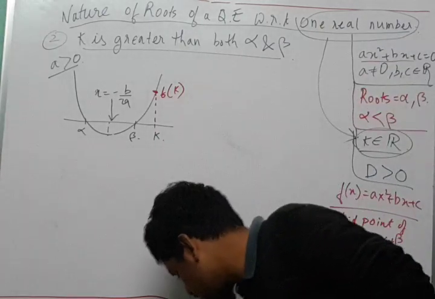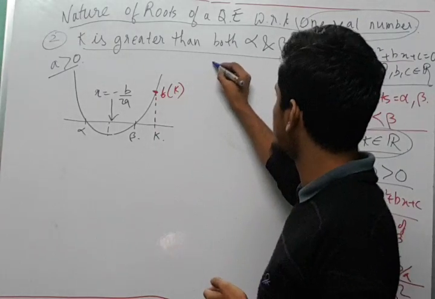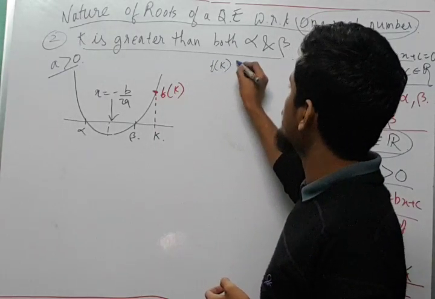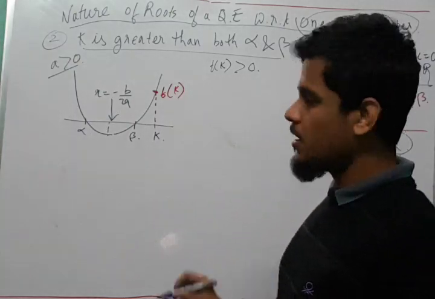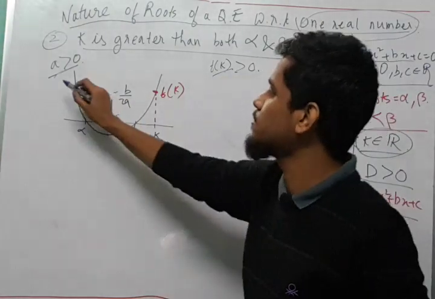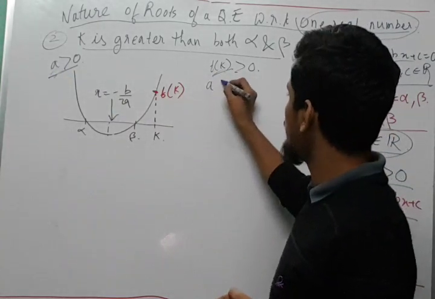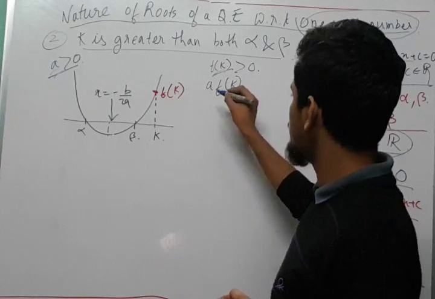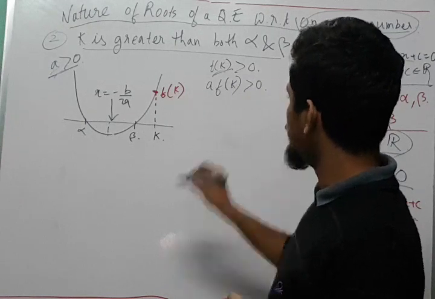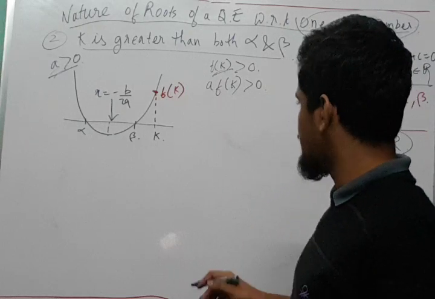So what are the conditions that are coming out over here? As you can see here, first condition is that f(k) is greater than 0. Now a is also greater than 0 and f(k) is also greater than 0, so a is positive, f(k) is positive. So if we find out the value of a into f(k), positive into positive, this value will also be greater than 0. This is one condition.